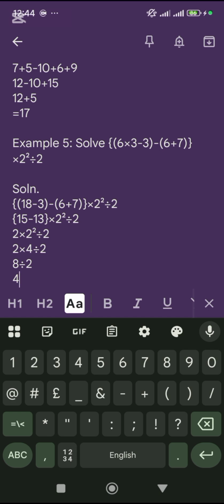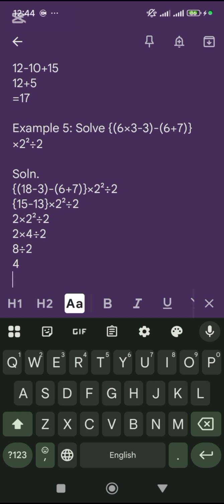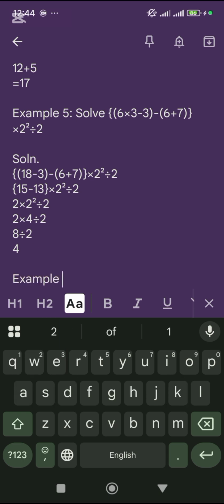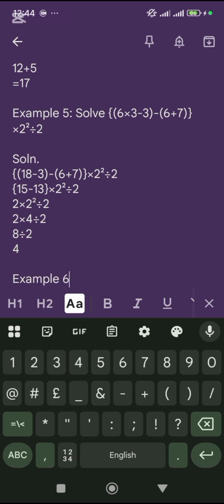All right, let's take the last example on mixed operation. Okay, we call this example 6.